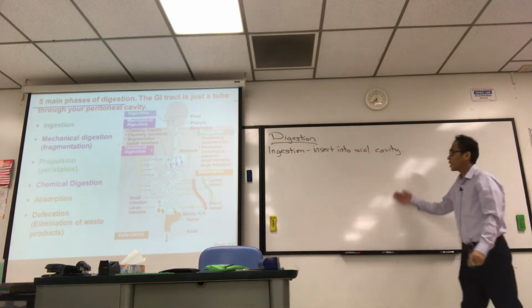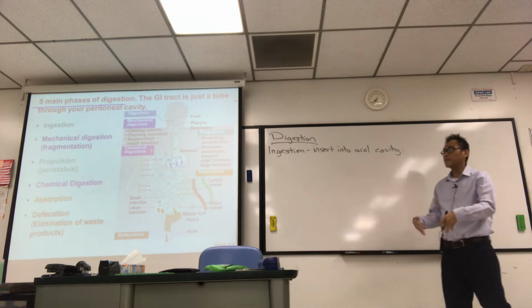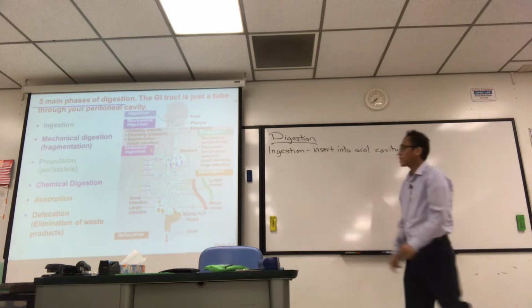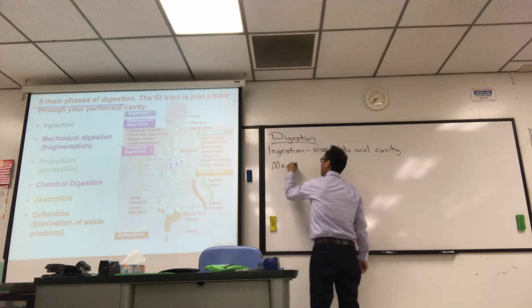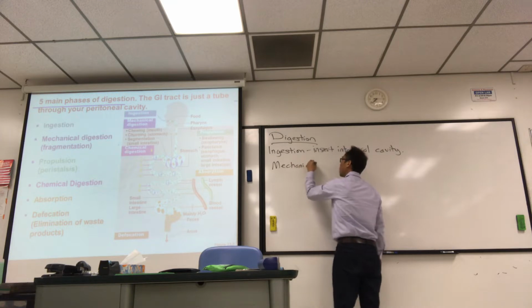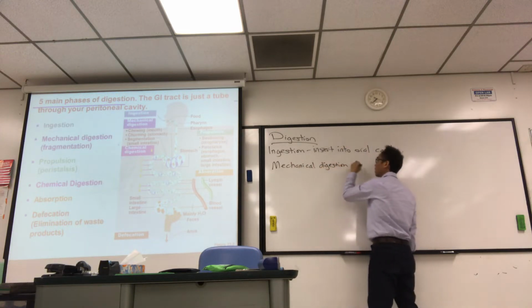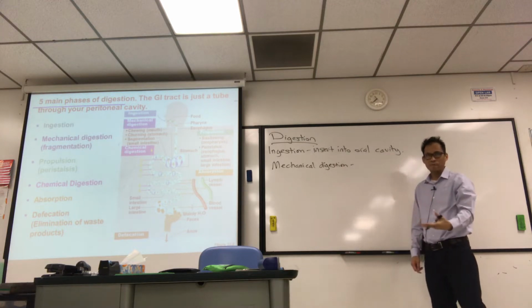So digestion starts by just sticking it in your mouth, basically inserting it into the oral cavity. Then all these different processes start to happen. For example, what's meant by mechanical digestion? That refers to just the physical pummeling of food.